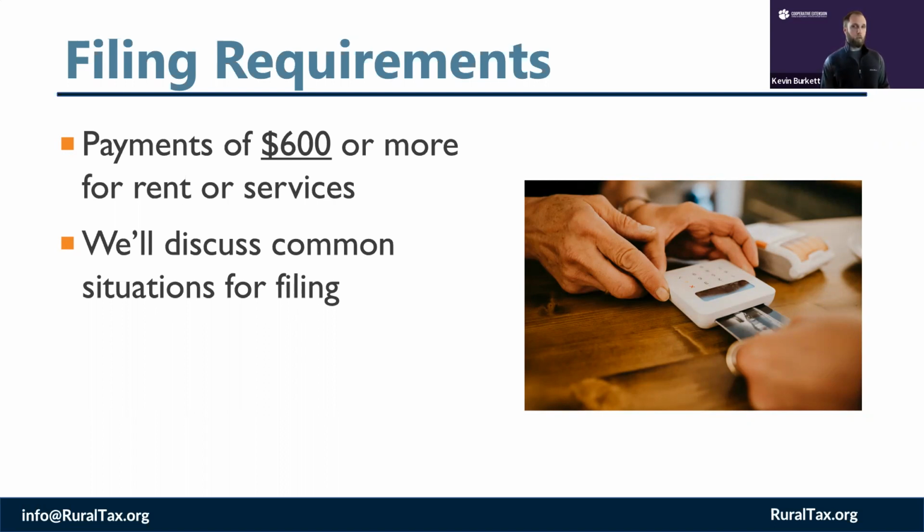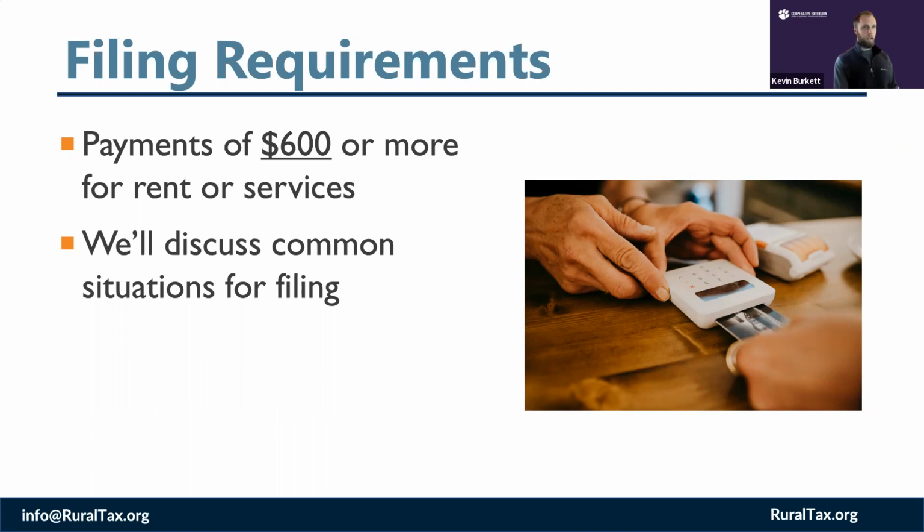So it's not for products and goods, and it's not if you made a personal payment of $600 or more. One example would be someone came to paint your house for you. That's more of a personal expense, and so you might have paid them $800, for instance, but that's a personal expense, and no 1099 has to be issued in that situation.